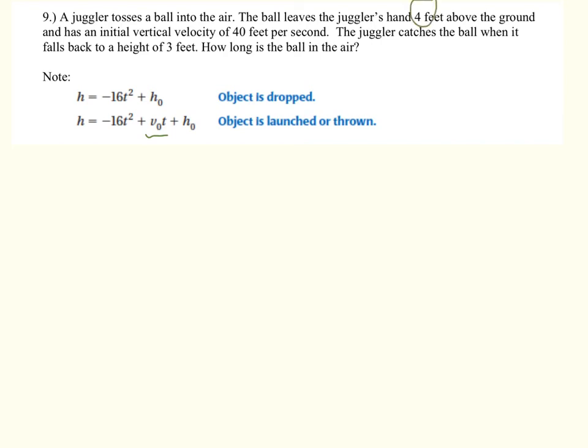They're saying it leaves the hand 4 feet above the ground, so that's going to be h sub 0, and the velocity is 40 feet per second. So height will equal negative 16t squared plus 40t plus 4.